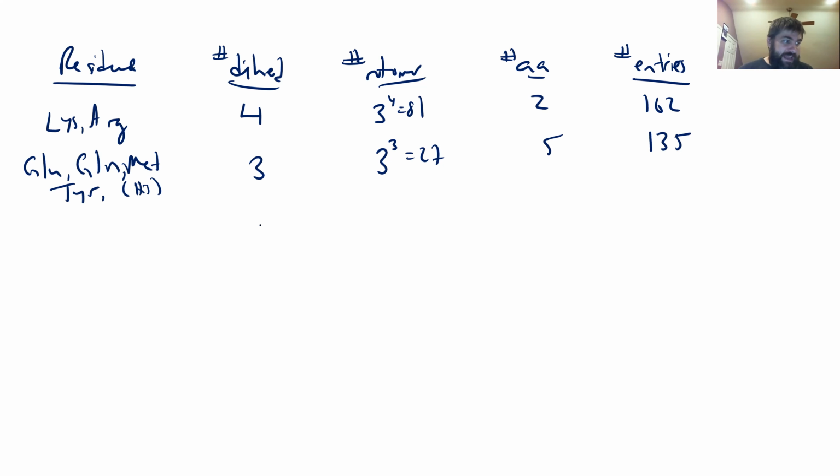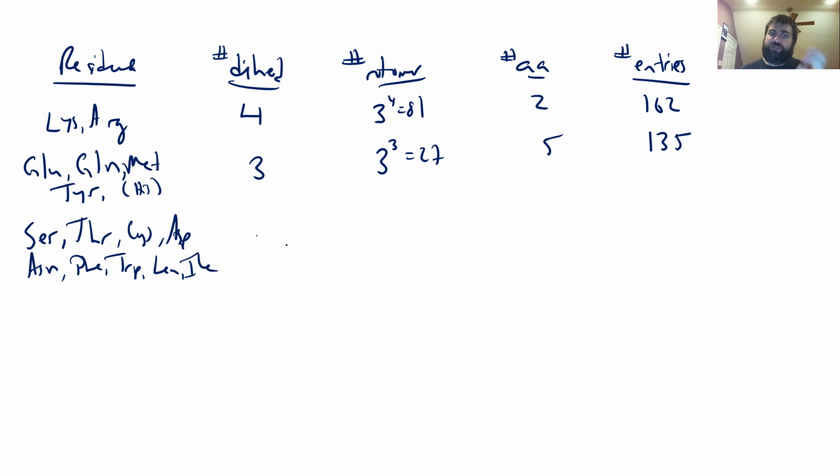Now, the vast majority of amino acids have 2 choices per position. Serine, threonine, cysteine, aspartic acid, or aspartate, its close relative asparagine, phenylalanine, tryptophan, leucine, isoleucine.